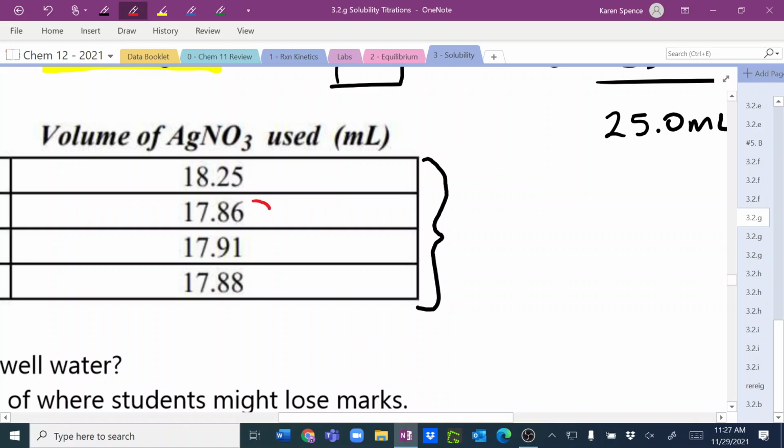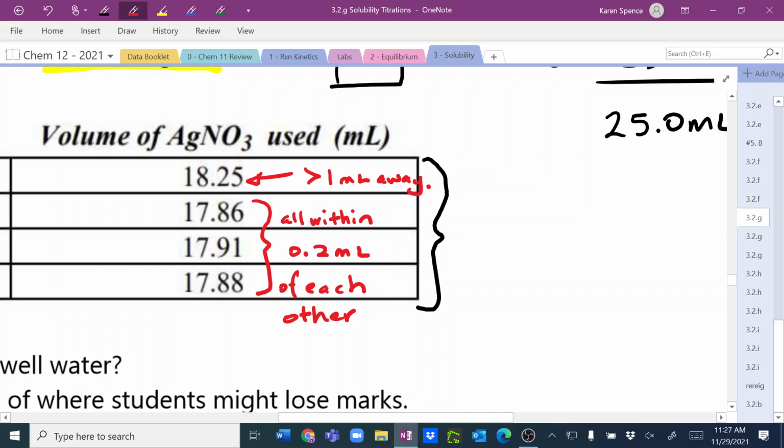These values here are all within 0.2 mL of each other. However, this one is at least a milliliter off, more than 1 milliliter away. So that means that when we take our average, we have to leave this out. It is an outlier.